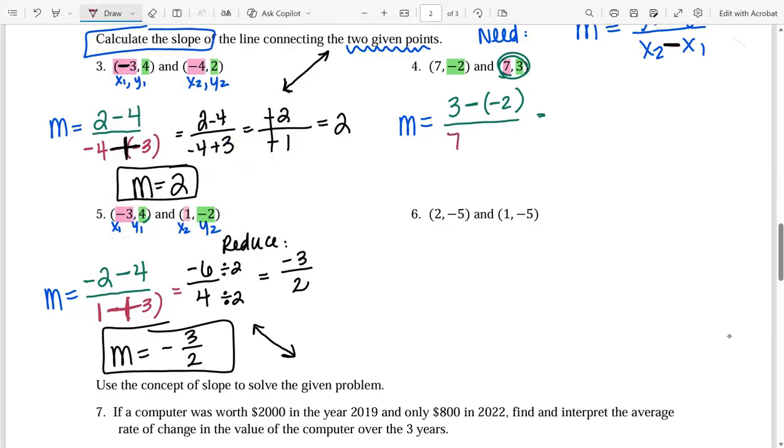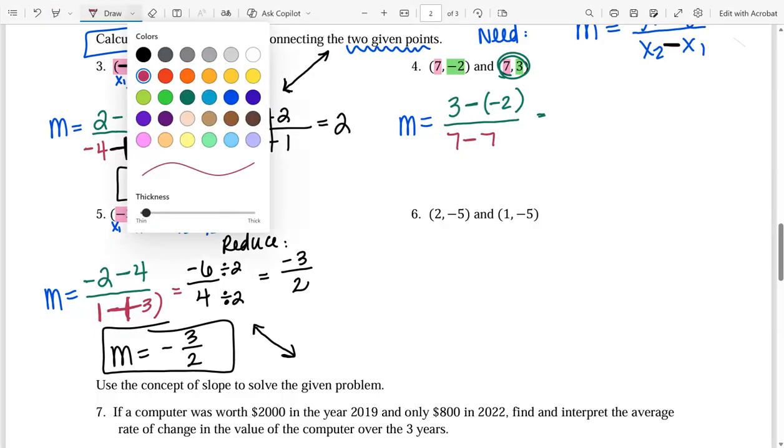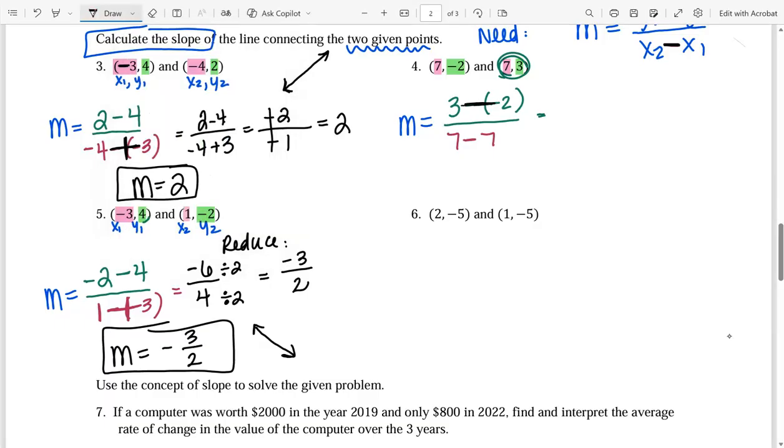So 7 minus the other 7. When I do that, the double negative touching turns positive. So I have 3 plus 2 on top, which will give me 5 on top. And on bottom, 7 minus 7 is 0.